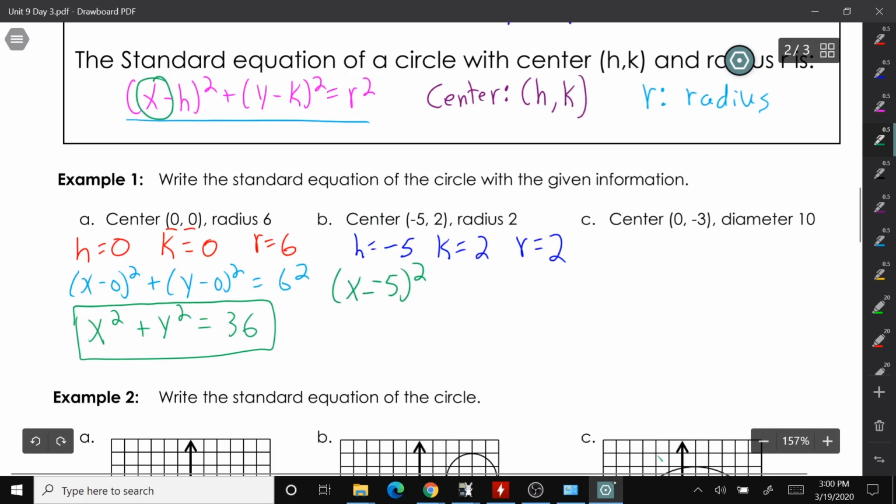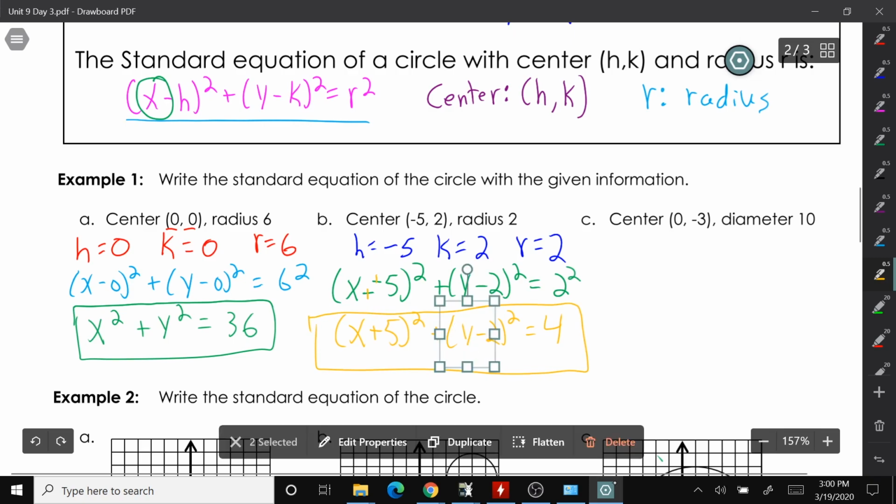So that's why we have a minus minus. And then when we have that minus minus, that changes to plus, so it's going to be x plus 5 squared plus y minus 2 squared equals 4.